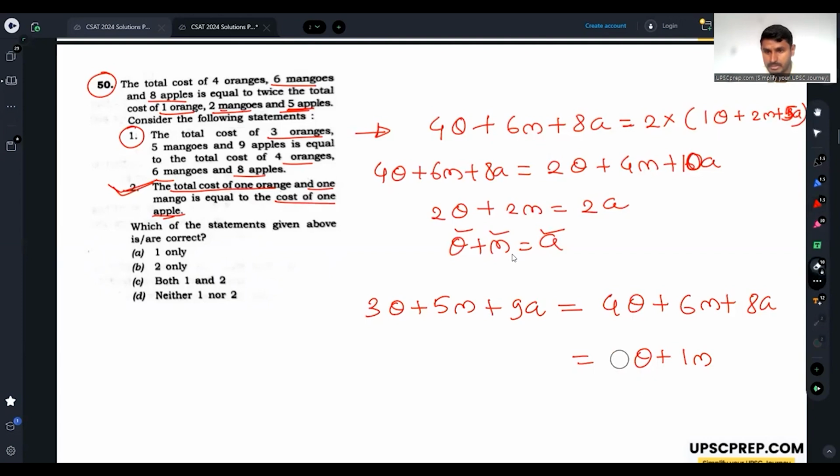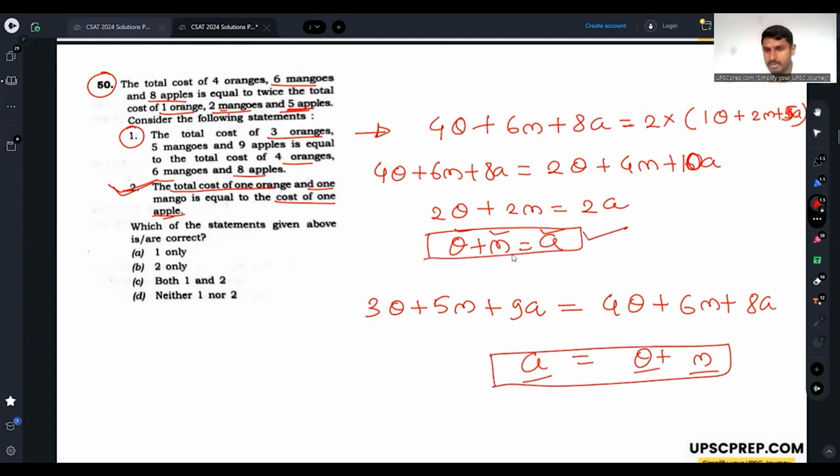It will not be 3 oranges. 1 orange plus 1 mango. And if I take apple on the right hand side, it will be 1 apple. So if you see, orange plus mango is equal to apple. This is the relation that we got from the first equation, right? So both of the equations are matching. That means this statement is also true, right? So statement 1 is also true. So both 1 and 2, option C will be the correct answer in this case.